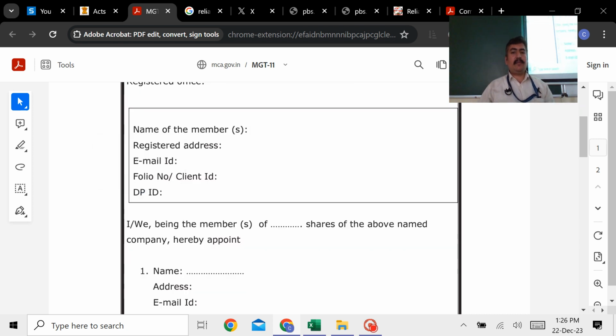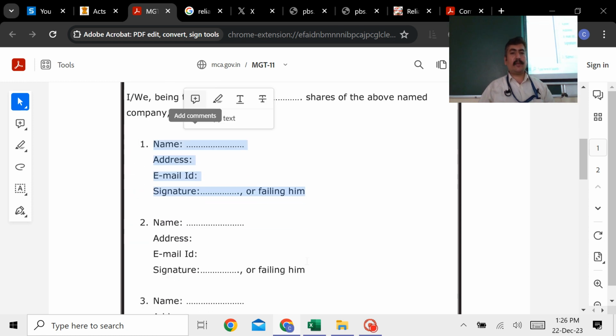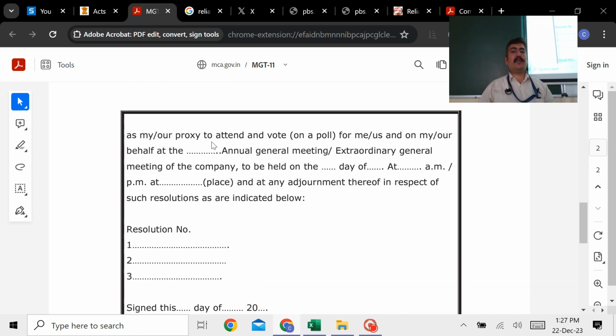So I, being the member of these many shares of the above named company, hereby appoint this person or this person or this person as my proxy to attend and vote for me. Keep this in mind, or to vote. What is written in the bracket? Is there any mystery on a poll?